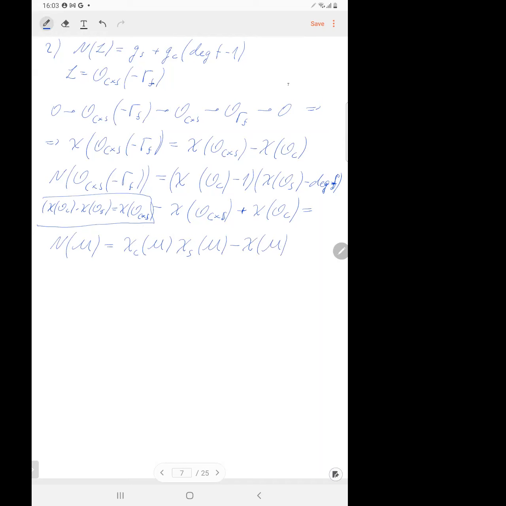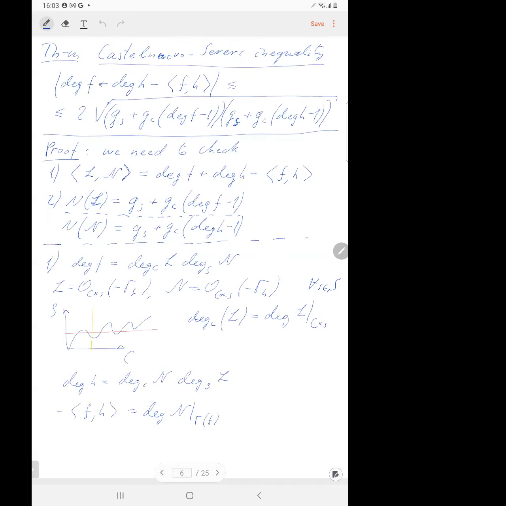Okay. And why is the defect along the S axis of this structure sheaf twisted by the graph equal to the Euler characteristic of the structure sheaf on S minus 1? Because, well, look here. We restrict to the yellow fiber, right? Then on this yellow fiber, our sheaf O of minus gamma F restricted to the yellow fiber, small c times big S, right?